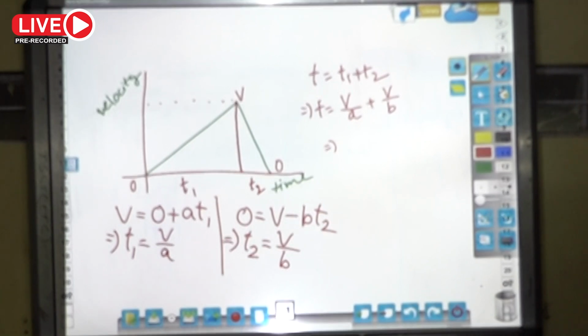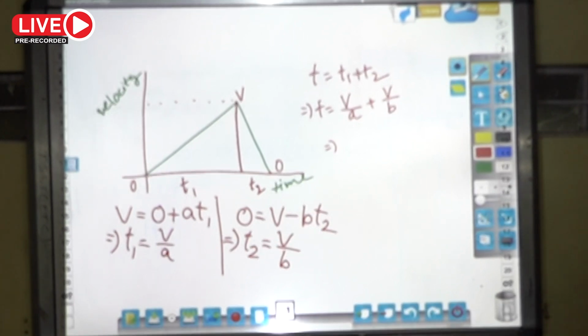Option A, 74 meter per second. Option B, 55 meter per second. Option C, 40 meter per second.